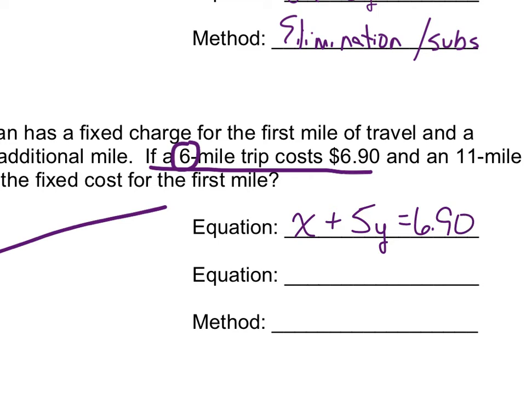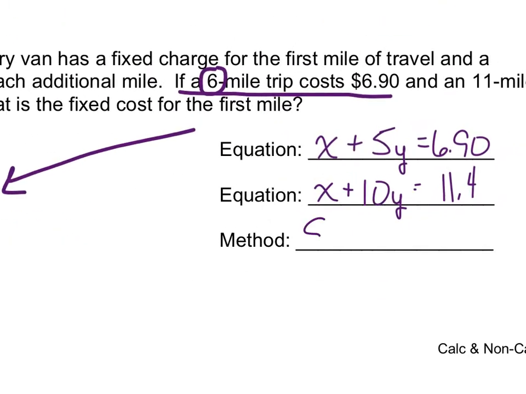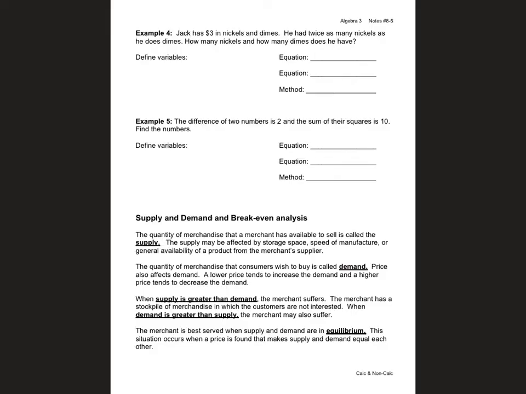And once you've set up the first one, the next one's easy. The fixed cost plus 10 times the cost per mile equals $11.40. So again, you could use elimination. I think that would be the best because the X's would cancel out pretty easy, but substitution could also be used. All right, look at a couple more.